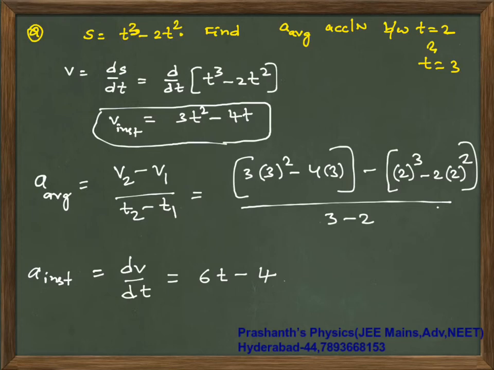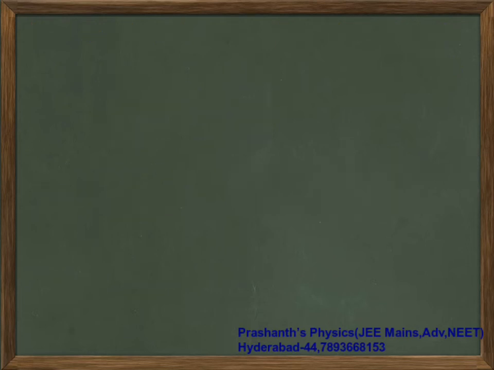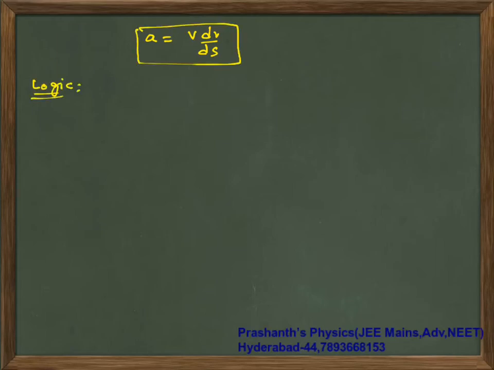Now let us try to do a question on the V dV by ds part. For acceleration I have given a formula, that is A equal to V dV by ds. How you get this formula is, if you take A equal to dV by dt, then you can write this as dV by dt into ds by ds.